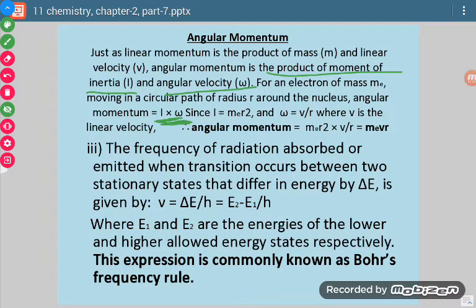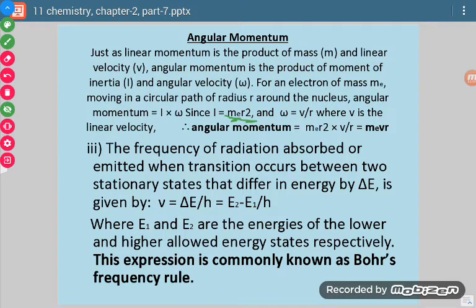When we put in the values, I is equal to m r square, if a particular object is moving in a circular path having radius r. Since we are talking about an electron, r becomes the radius of the orbit. So moment of inertia I is equal to the mass of the electron into r square.